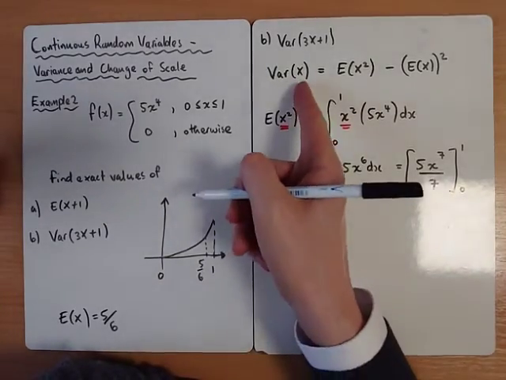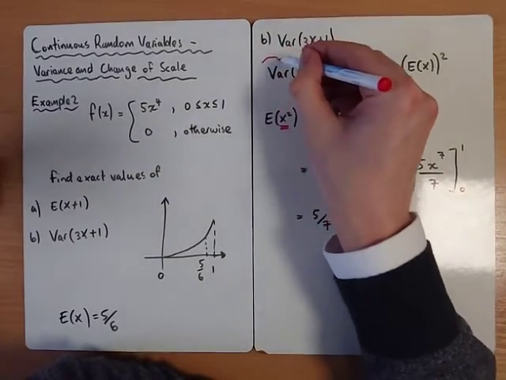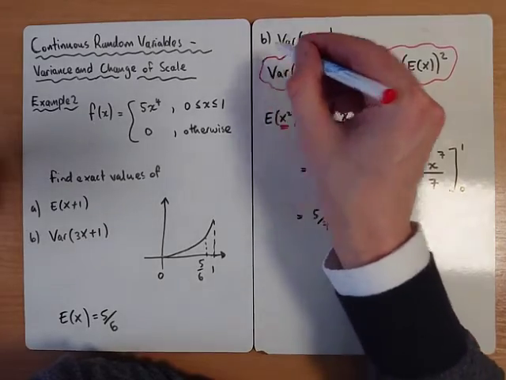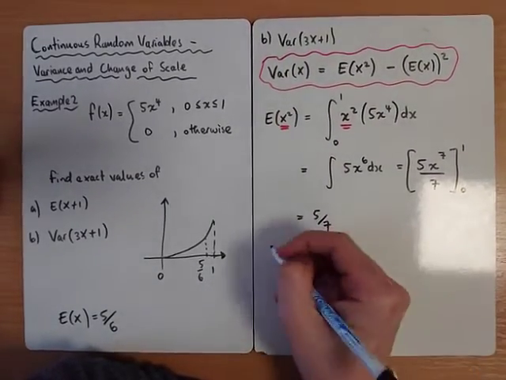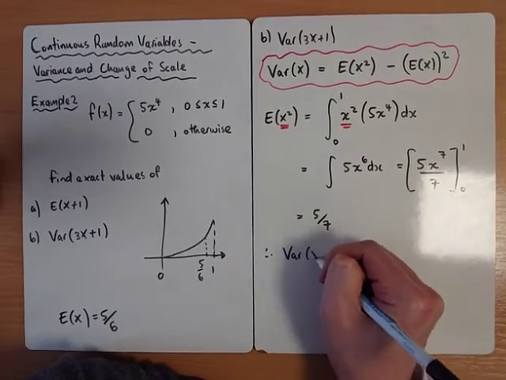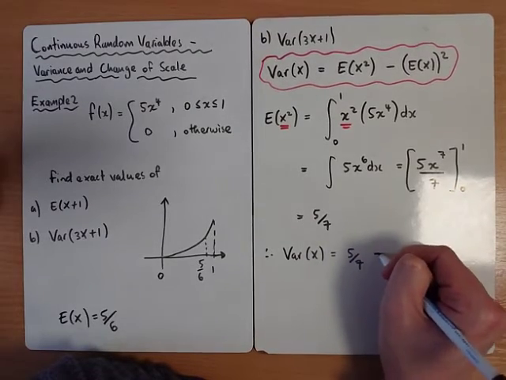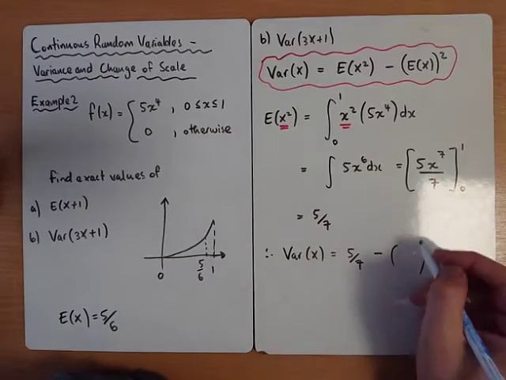So the variance of x, highlight this in your notes. You don't get it in the formula booklet, you do need to remember it. It's the expected value of x squared minus the expected value of x all squared. So the expected value of x is 5 over 6.